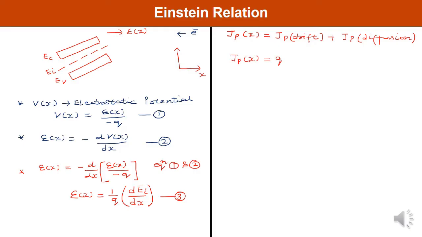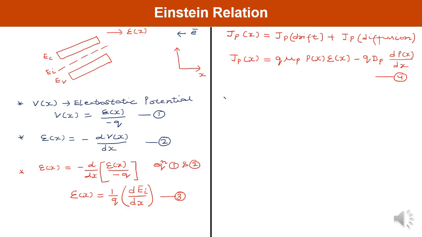Jpx is q into mu p, p(x) into Ex minus this term is what? q times Dp, dp(x) upon dx. You are aware with this particular equation, just you have written the term for the Jp drift and diffusion.